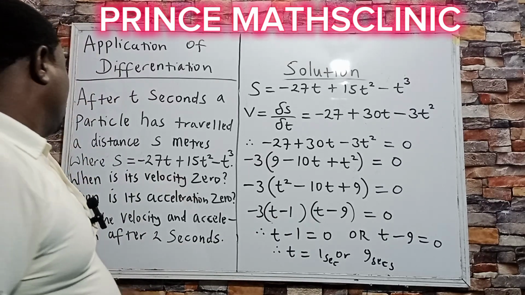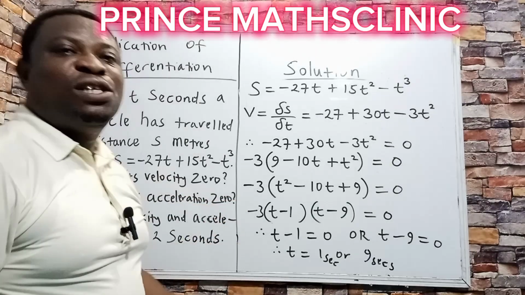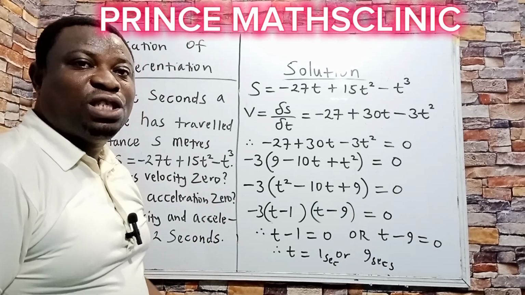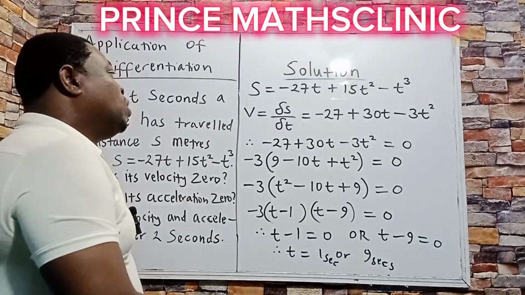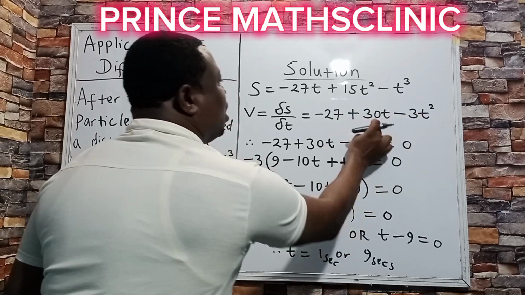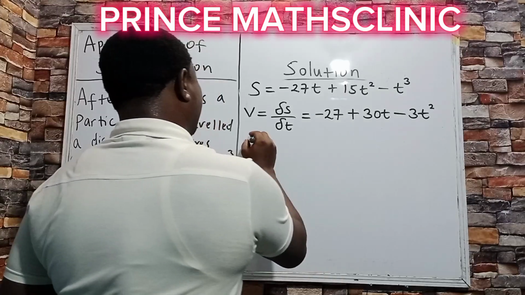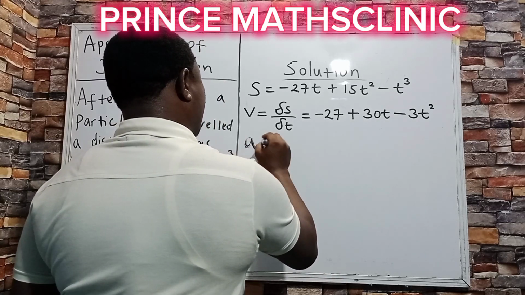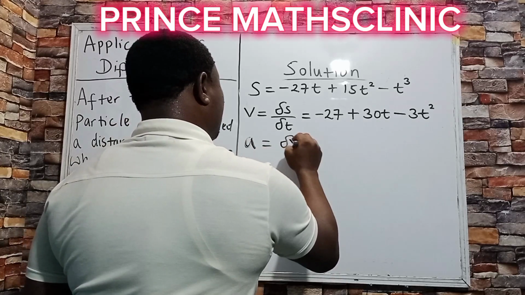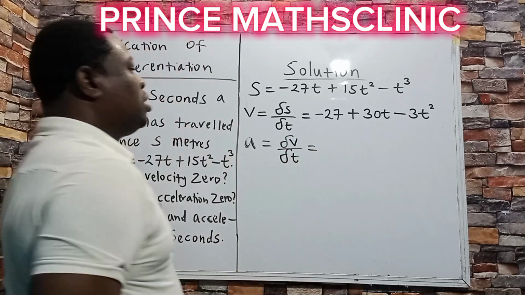Now, we pick it up again from here to find when its acceleration will be 0. And we know that acceleration is the rate of change of velocity with time. So I have to differentiate v again, and this is the result for v. Differentiate it again to get my acceleration. I know that a will be change in velocity over change in time.